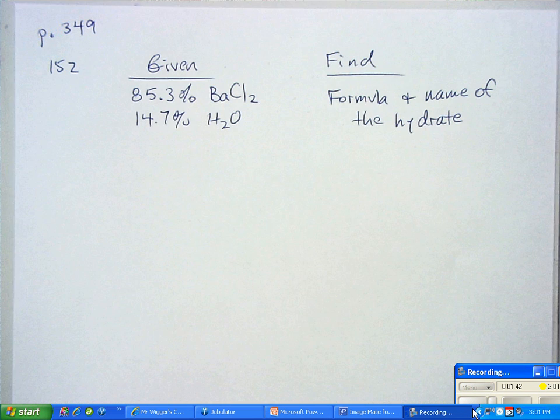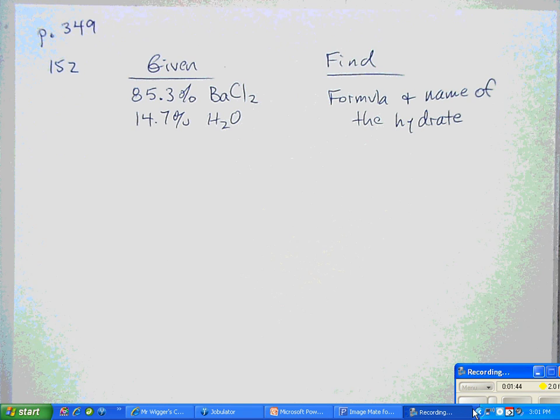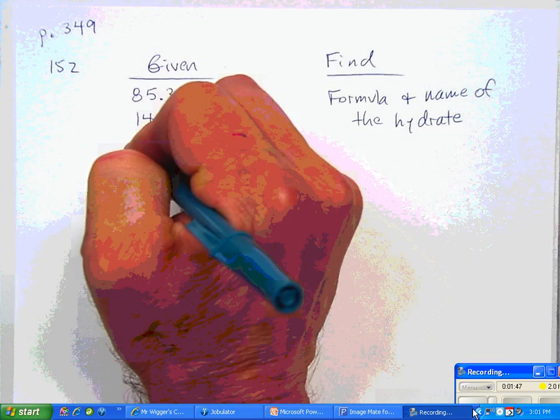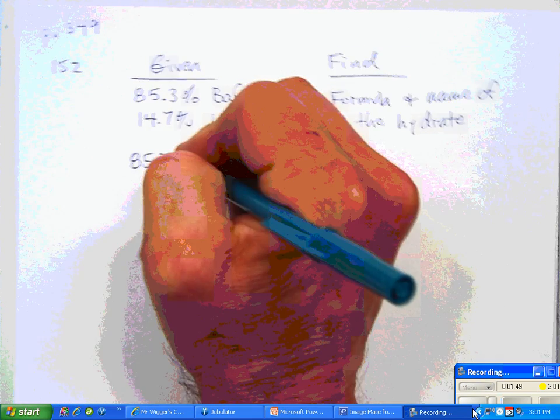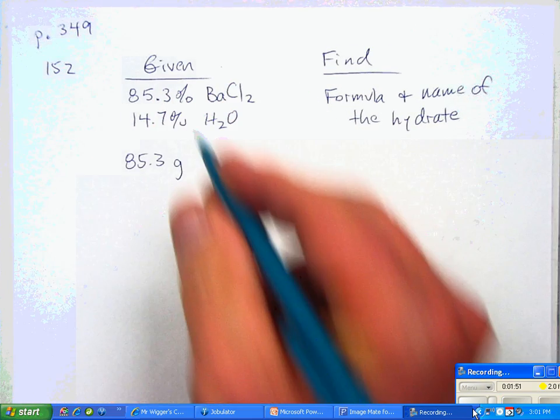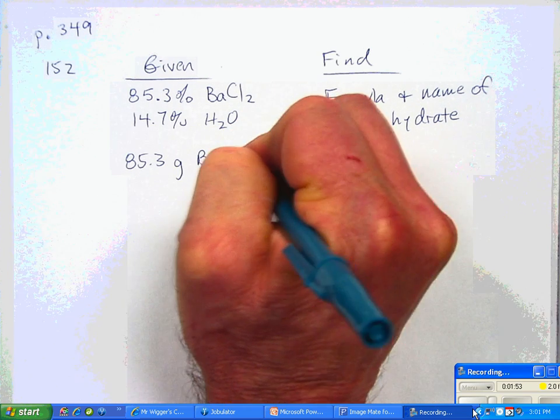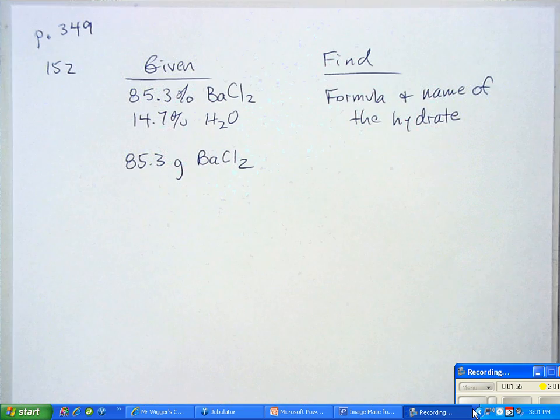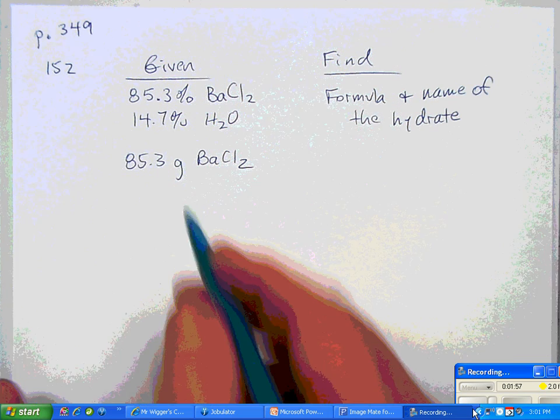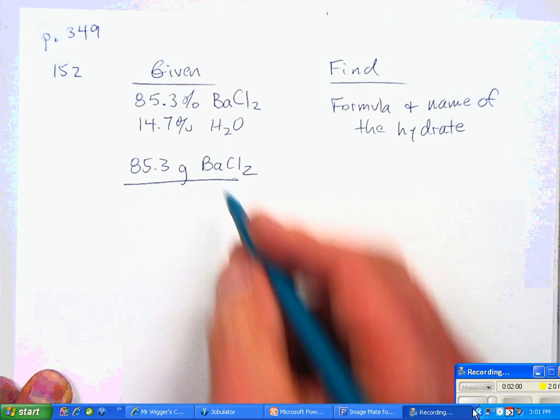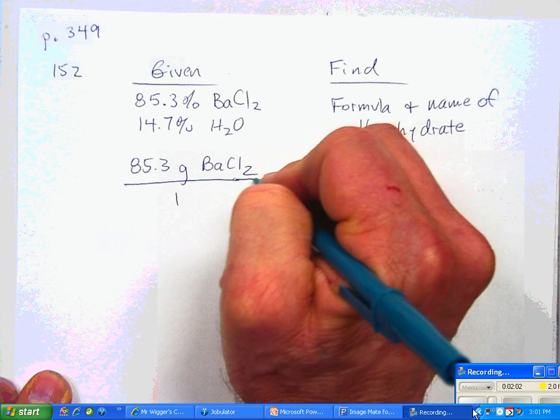So 85.3 grams. Very good. 85.3 grams of the barium chloride. Okay? Over 1. Very good. Who said that? Kudos for you. Yay.